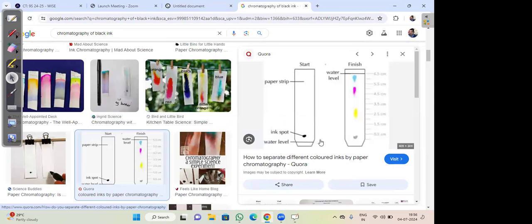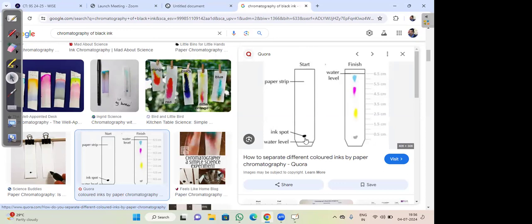See here, suppose I want to see what are the different substances contained in an ink. Suppose I want to see what the different substances are of which black ink consists. So I put the black ink over here as a dot. I use a carrier over here, like water or acetone.